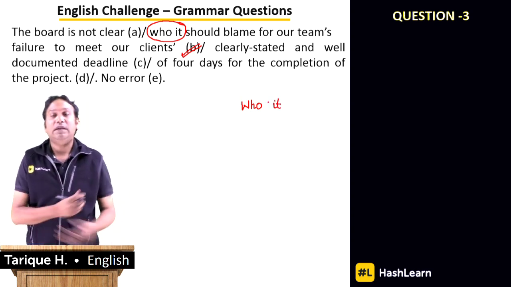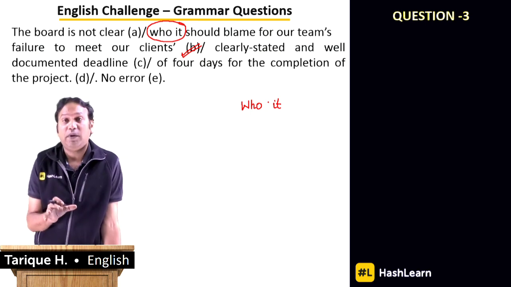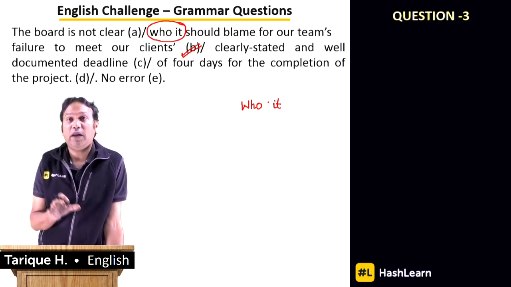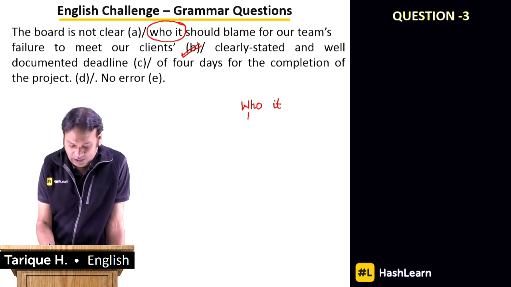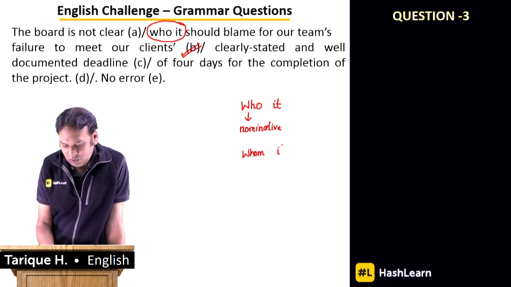Who is a relative pronoun, and in relative pronouns we have who and whom, in which who is the nominative case and whom is the accusative case. Nominative means it is the subject of the sentence, the one who does something, and whom is the object of the sentence, something which receives the action.